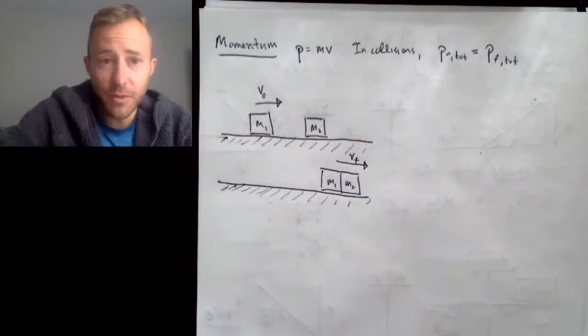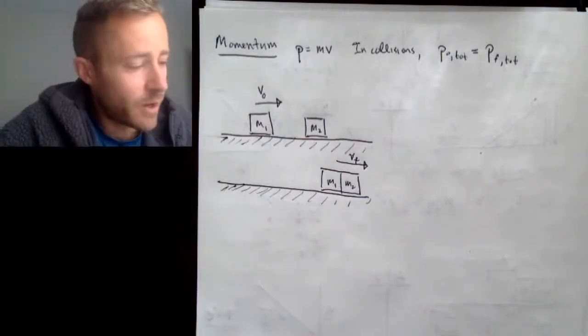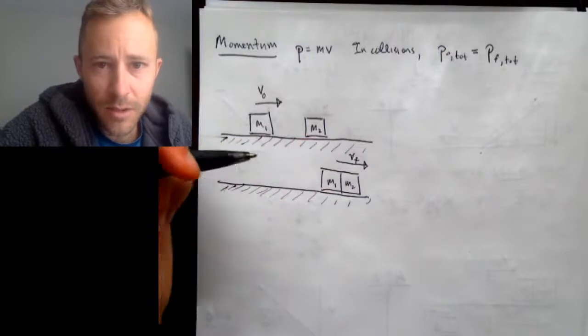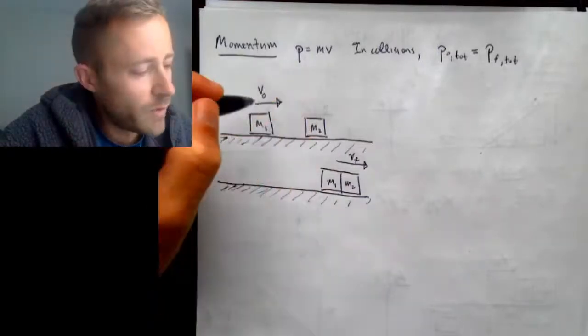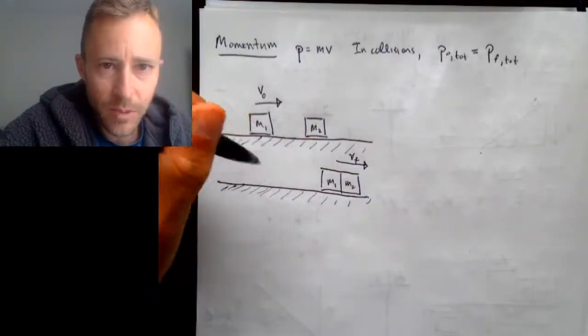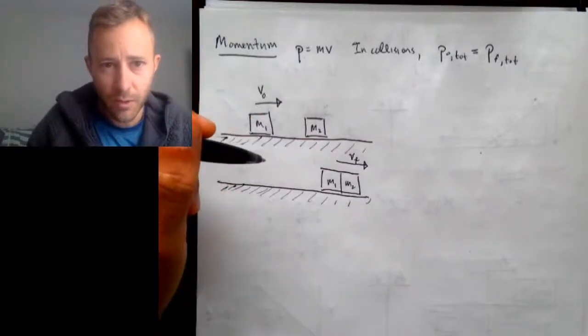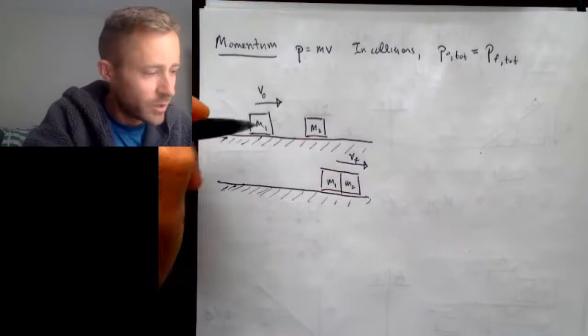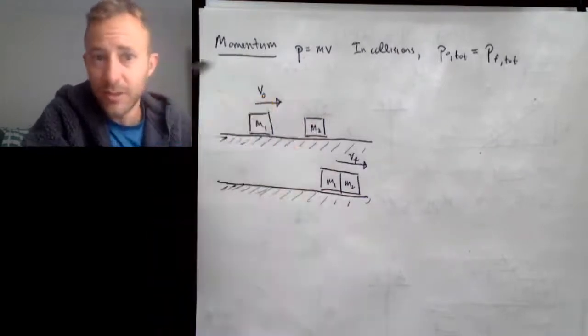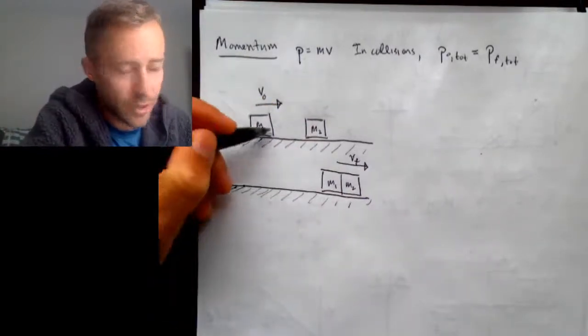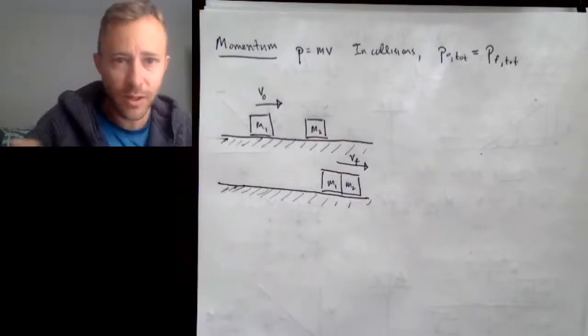So there's a lot of different things we could do. We could vary the masses, but when we're doing an experiment, we always change variables and see how that affects the outcome. So we could change this mass and see how it affects the outcome. We could change this mass and see how it affects the outcome.